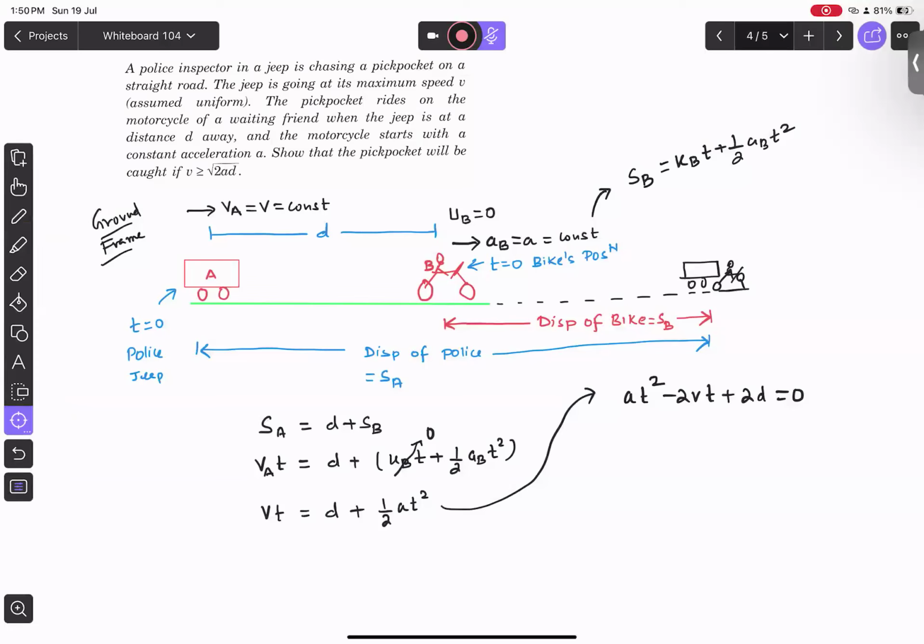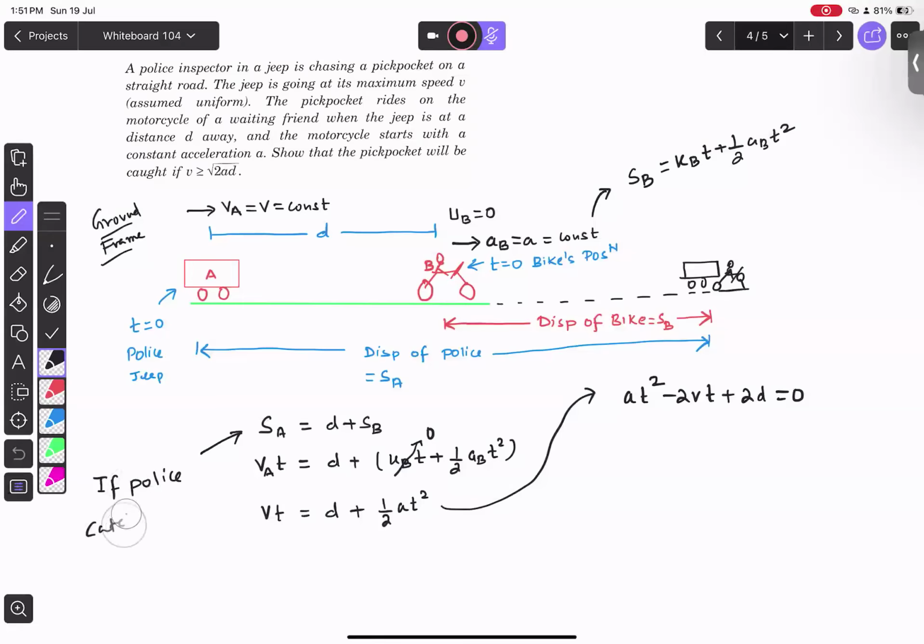So now, after this, what to do, I will tell you. Tell me, if A catches B, if the police catches the bike, then tell me whether this statement will be true or not.